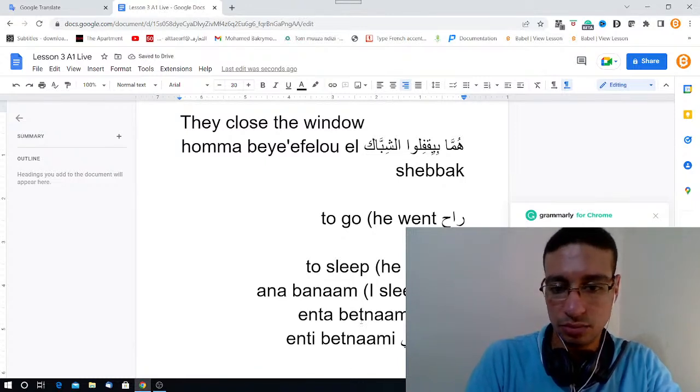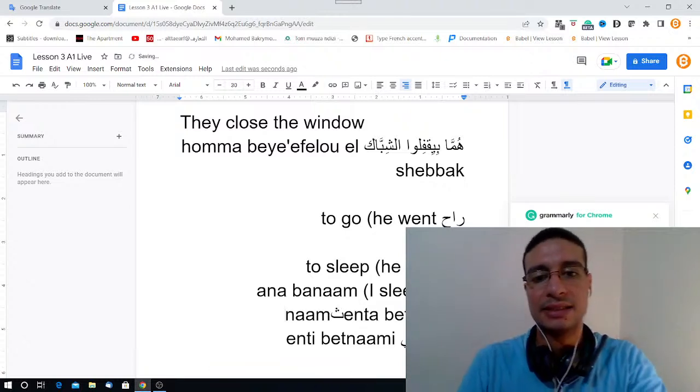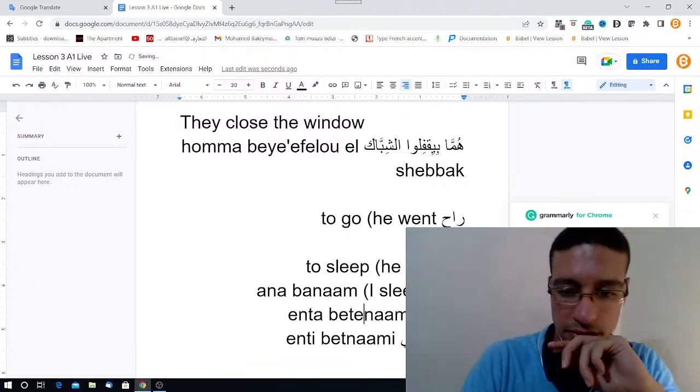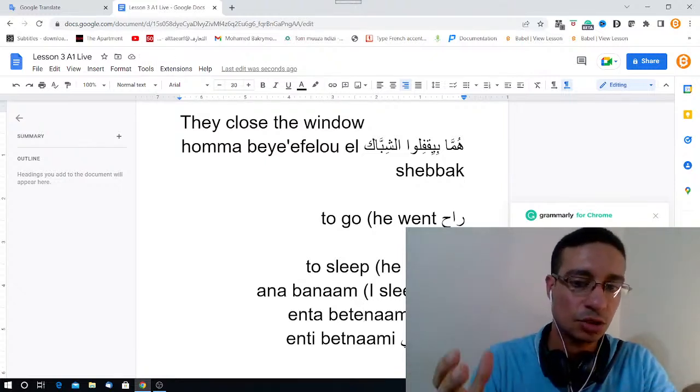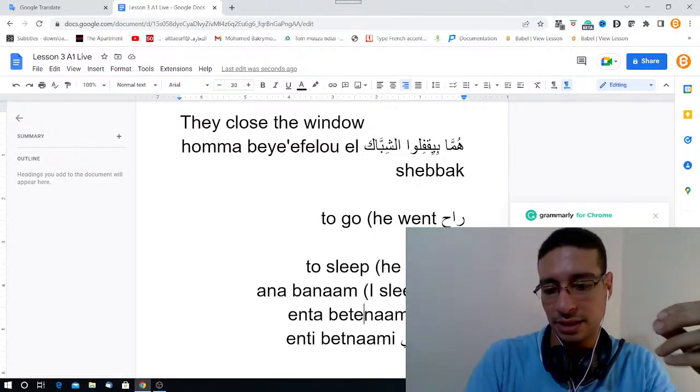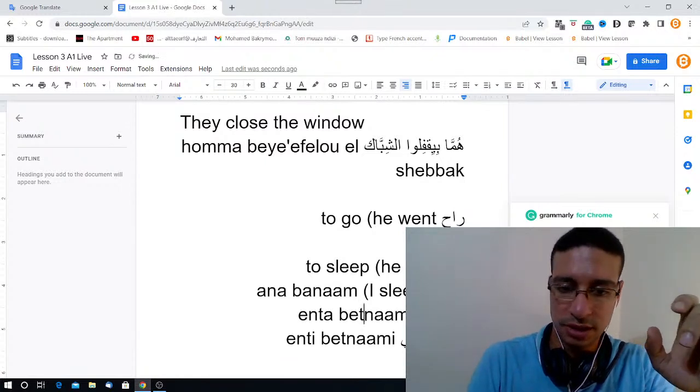By the way, for most verbs it's bit, but just to make the pronunciation of this verb simpler, we pronounce it like this: bitnam.